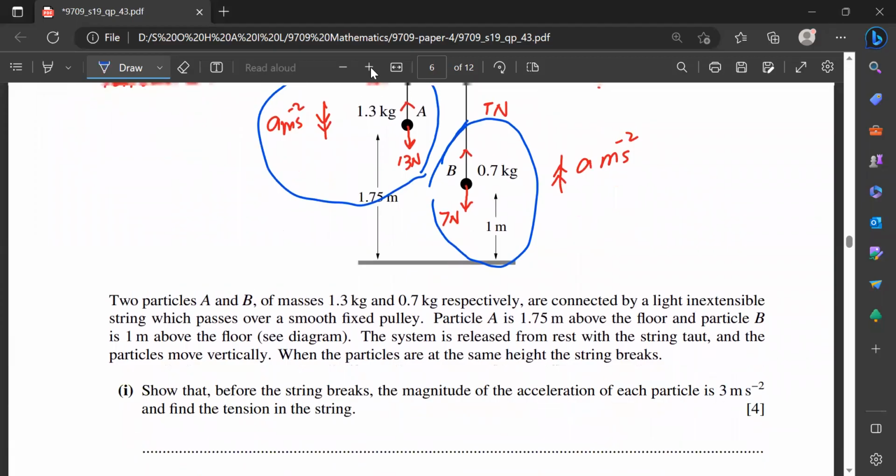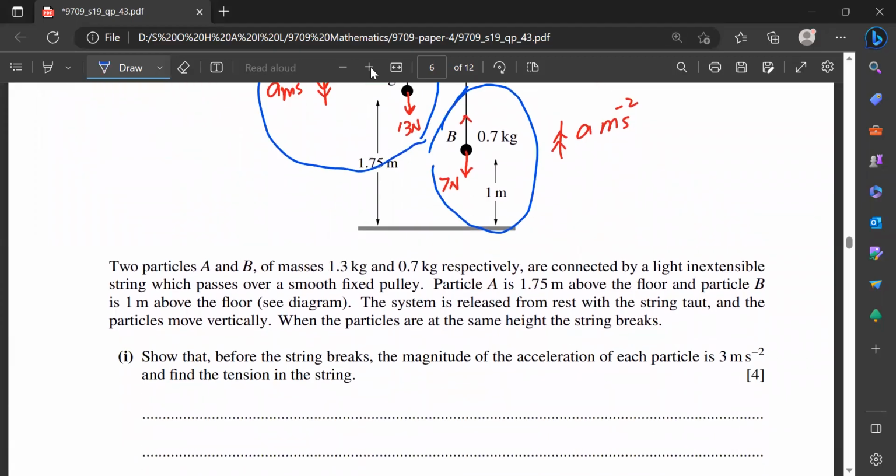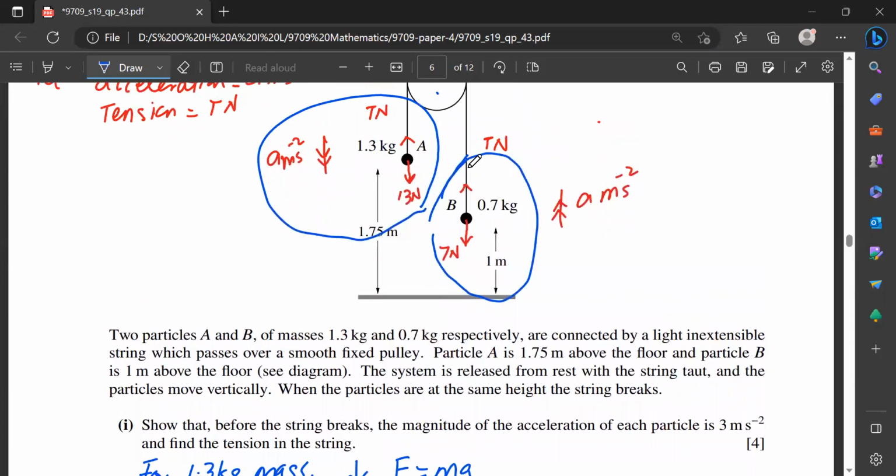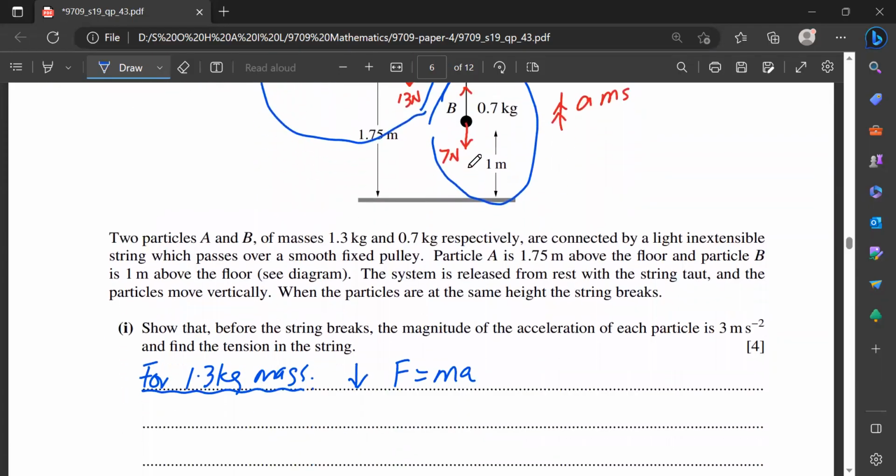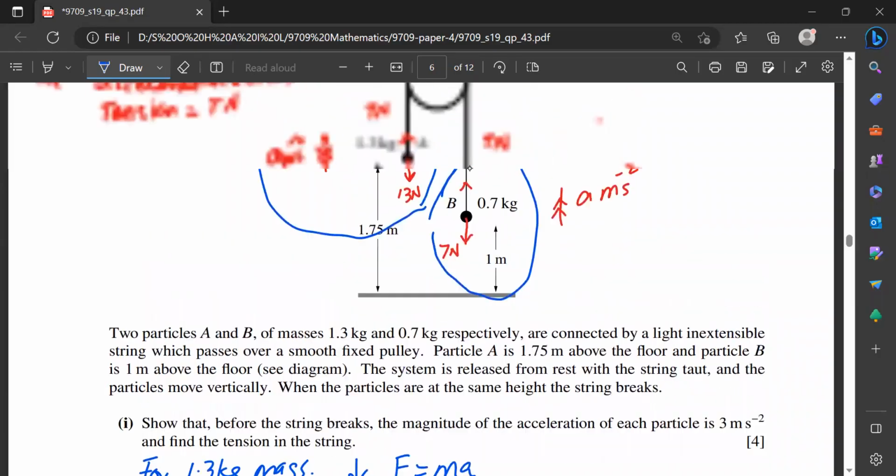For the 1.3 kg mass, which is A, it is moving down because it is heavier. So use F equals ma: force in the direction of motion minus the upward force. As it moves down, 13 minus T equals 1.3 A. Call this equation 1.